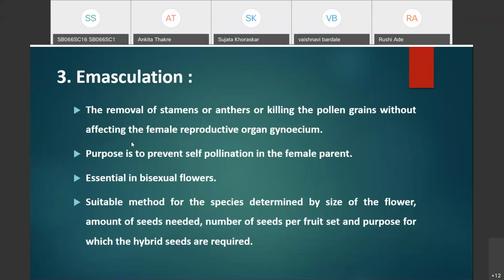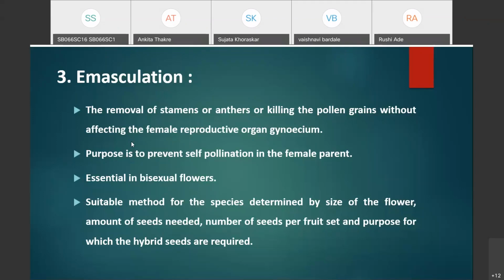Don't forget that in dioecious plants, the male plants and female plants are different, and only the male plants are removed from the field. In monoecious plants, male and female flowers are present on the same plant, for example castor and maize, and only the male inflorescence or male flowers are removed. But emasculation is very essential in bisexual flowers.